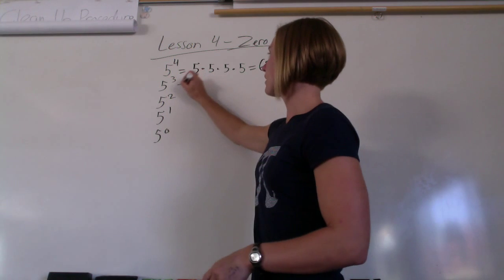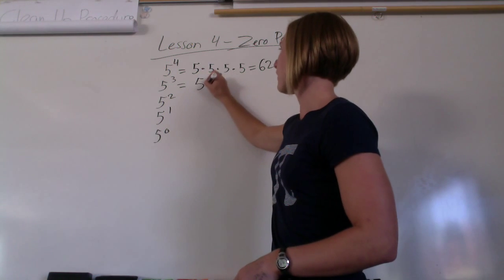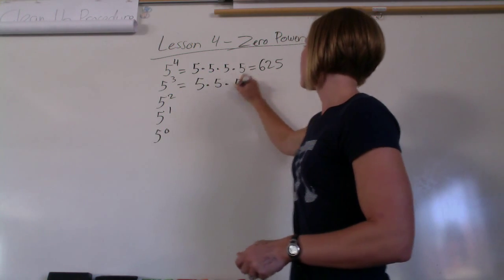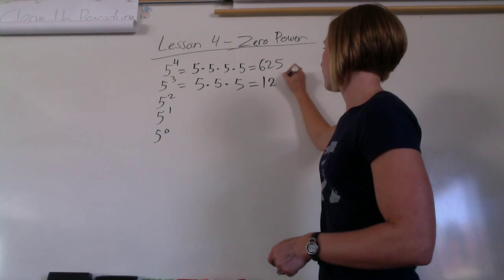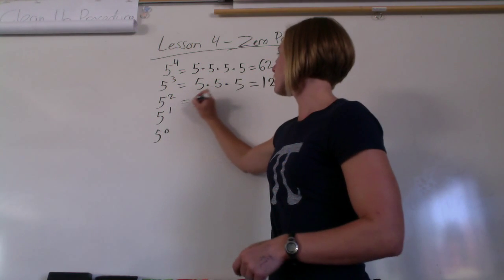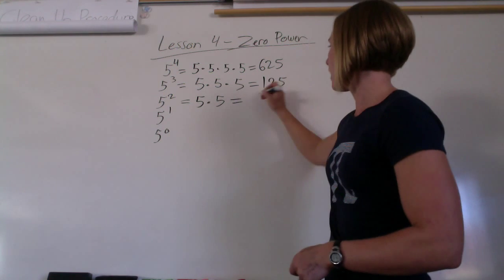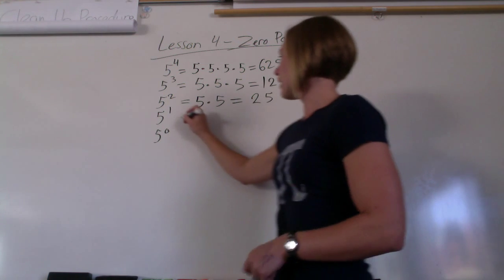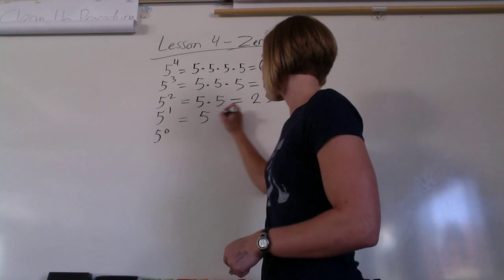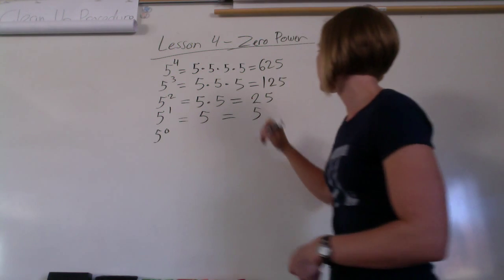Okay, moving on. 5 to the 3rd means we have 5 3 times, which is 125. 5 squared is 5 twice, which means we have 25. And 5 to the 1st means we have just 1 5, which is 5.